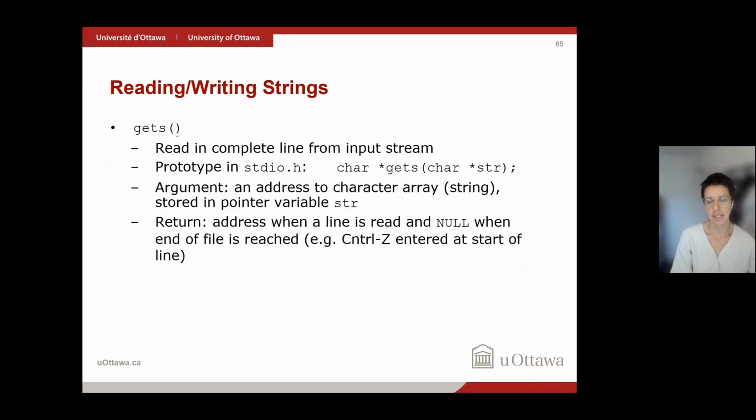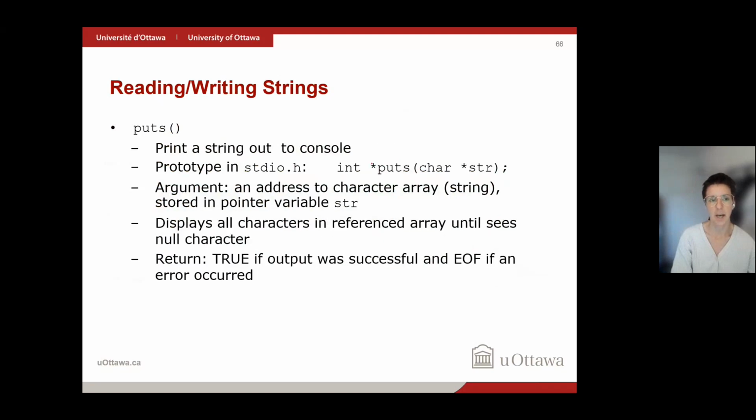So gets is the function for reading a whole string in. puts is a print function, like printf. It's going to put a string out onto the computer. I might use this if I don't need a more versatile function, since printf allows me to add in conversion specifiers and do all sorts of stuff. I might stick with puts or gets.